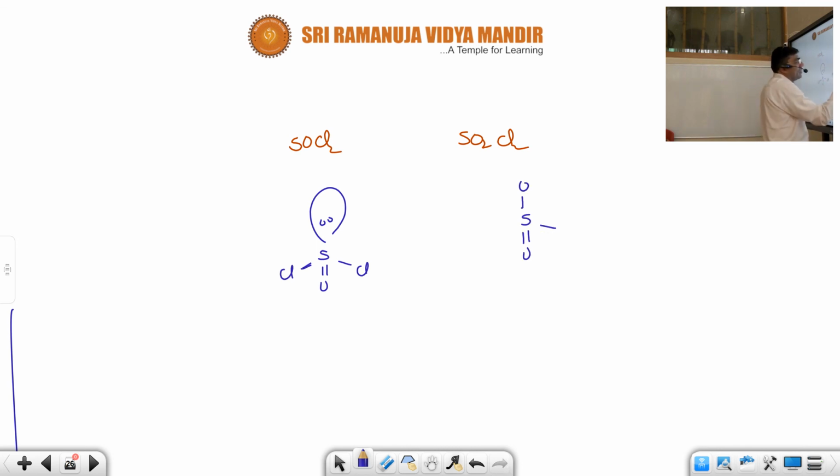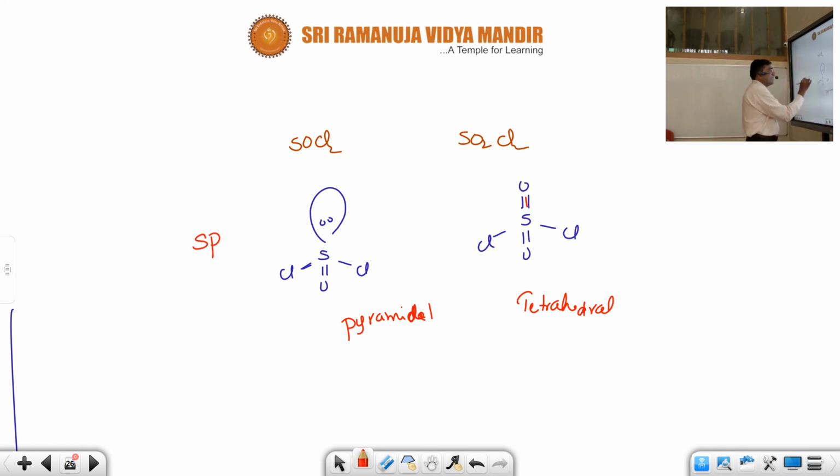SO2Cl2 is having a tetrahedral geometry. So this is pyramidal and this is tetrahedral. But one thing, both are having sp3 hybridization.